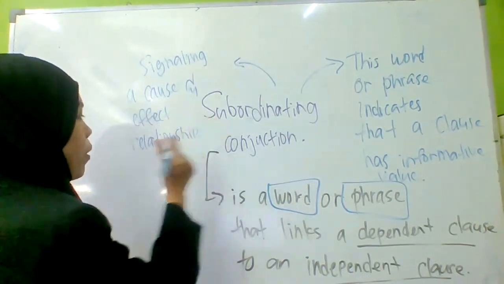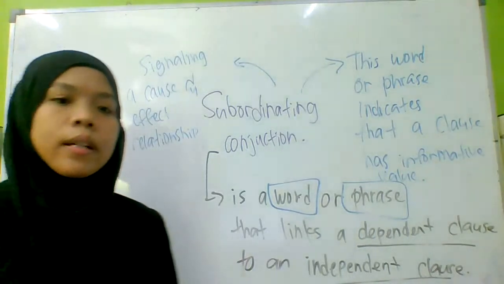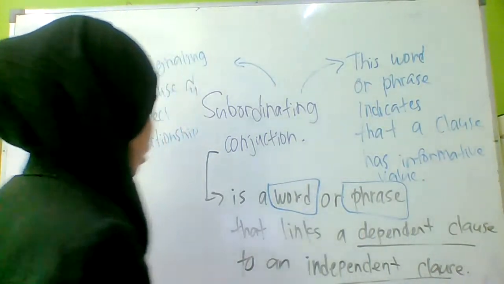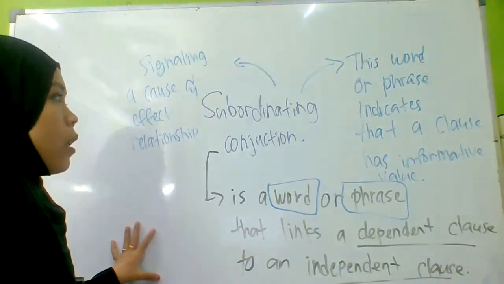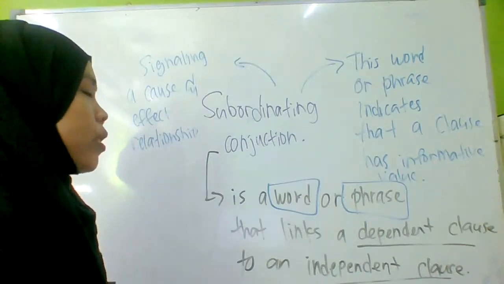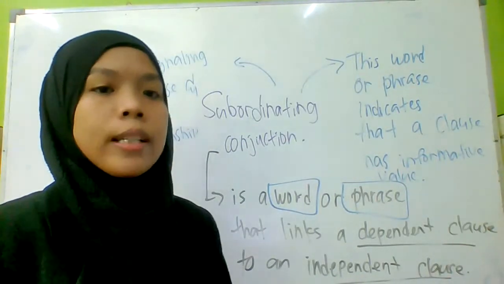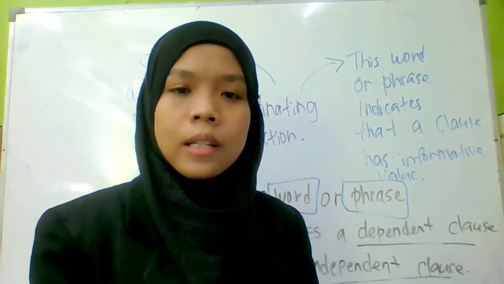For example, doing this, what will happen? What is the effect, what is the cause? So you can jot down the three important points about subordinating conjunction, which is asking what subordinating conjunction is.